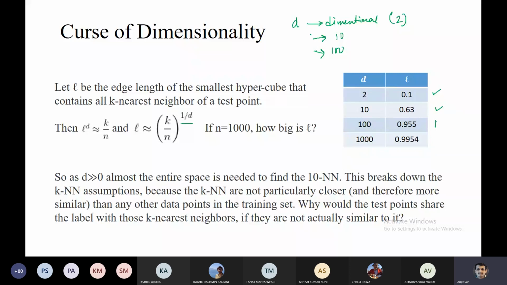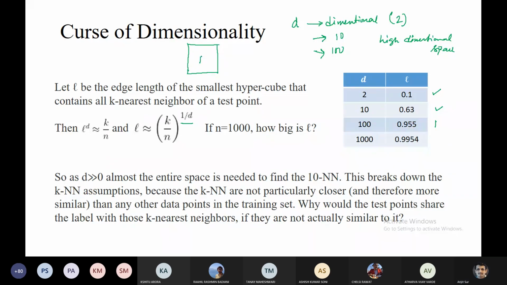If you go to a high dimensional space, the volume needed to contain the nearest neighbors compared to your total space keeps increasing.